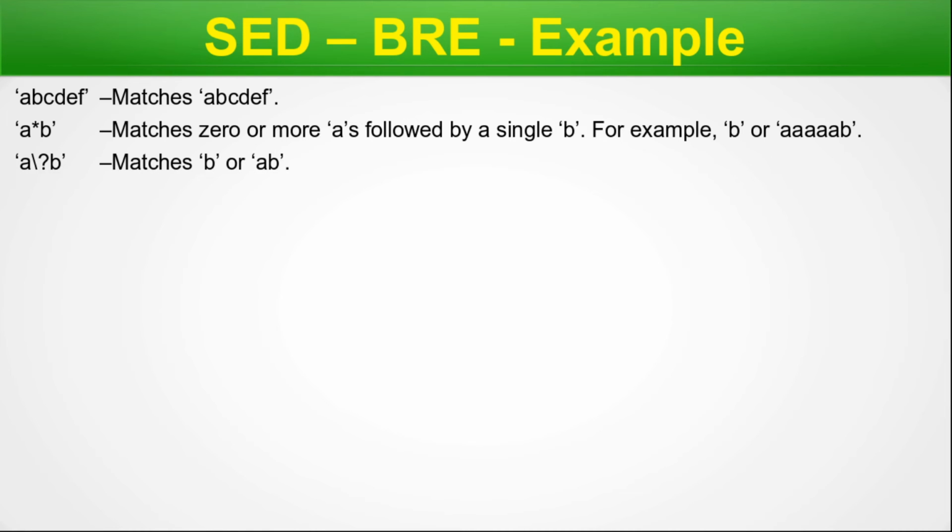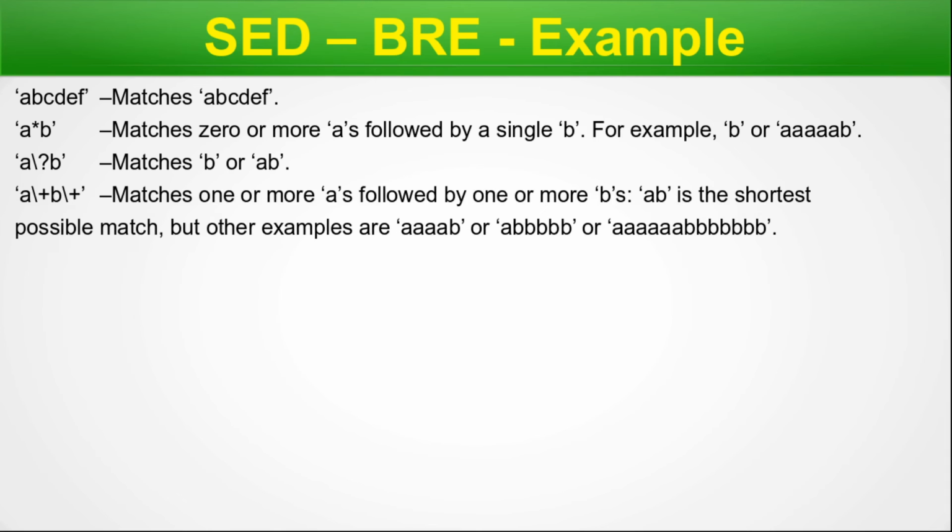A then question mark then B matches B or AB. A then plus then B then plus matches one or more A's followed by one or more B's, like AB is the shortest, and then multiple A then one B, then one A then multiple B, or multiple A followed by multiple B. So this is how regular expression matches.